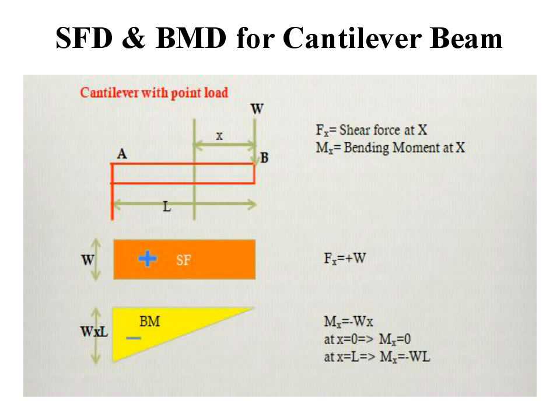And next substitute the x value as L at the A point, the bending moment at A point will be minus W into L. Now mark the values on each point, we get the bending moment at B point 0 and bending moment at A point as minus W L. Mark the downward direction. Join this line, we get the bending moment for cantilever beam with the point load at free end as the triangle shape.